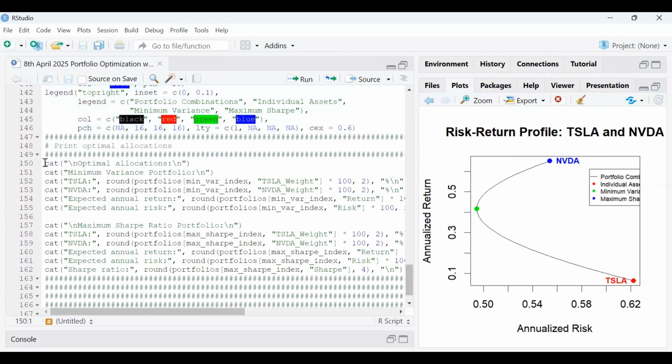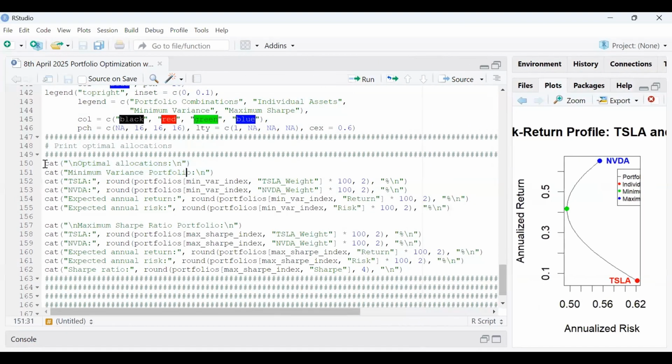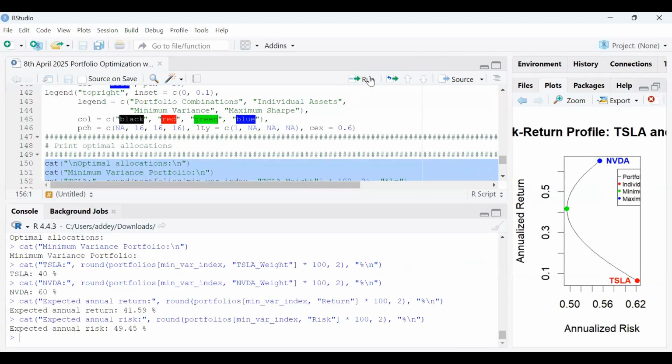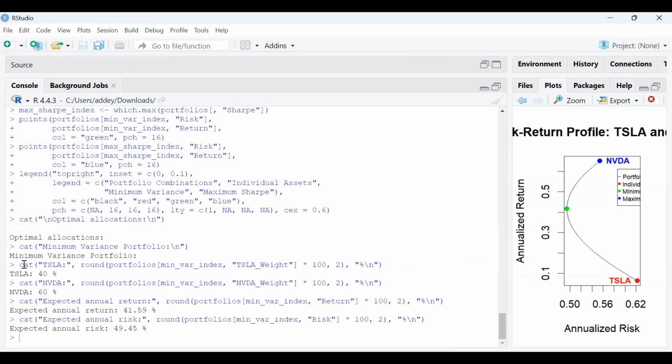From line 150, and I can expand this for you to look at the codes, from line 150 to 155, I look at the optimal allocations for my minimum variance portfolio. So I run that, and then we have the results here.